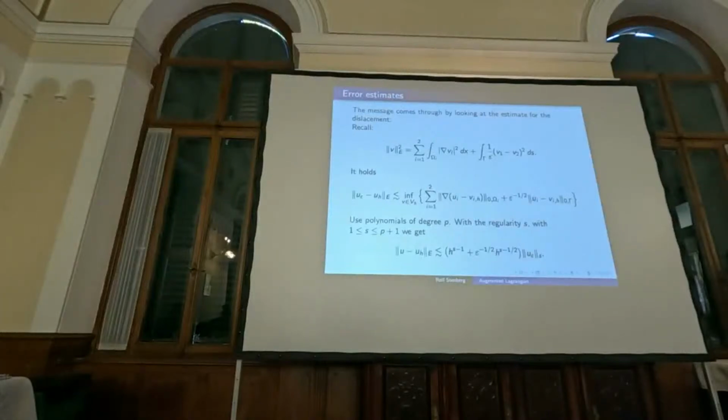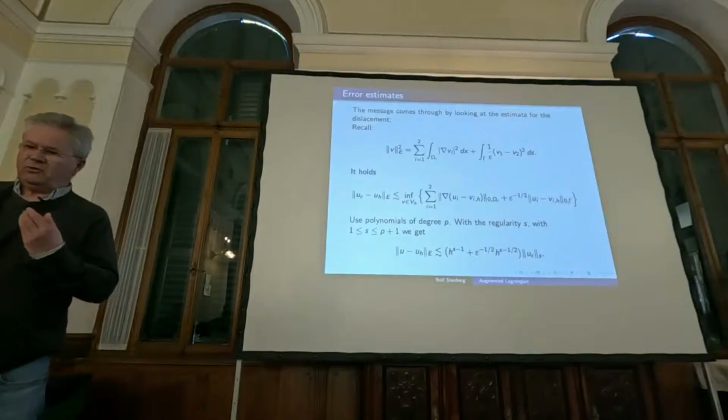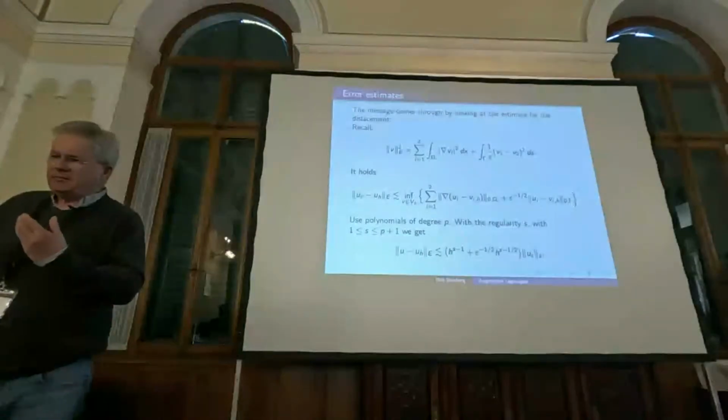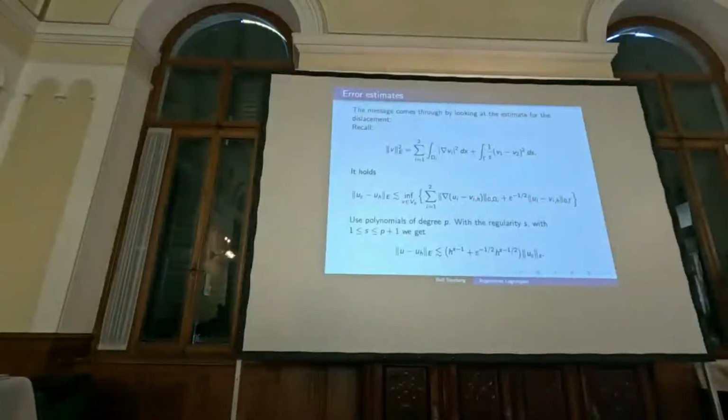Okay, but as I said, when epsilon is too small, you get stability problems, and you can see the effect also on the error estimate, because you have an error estimate, so to say quasi-optimality, but you have here the L2 norm, and when epsilon gets too small, this one explodes.